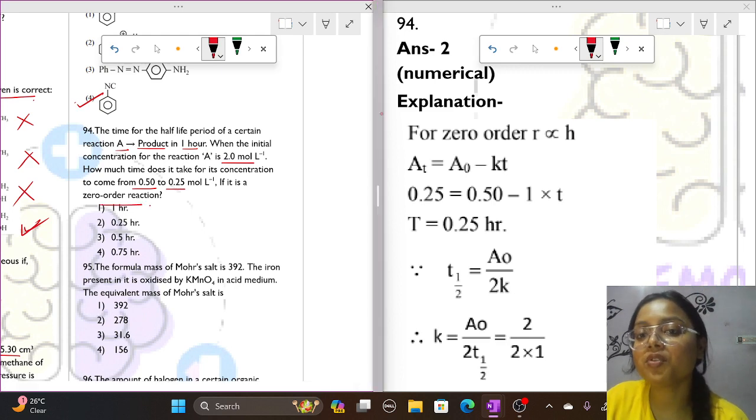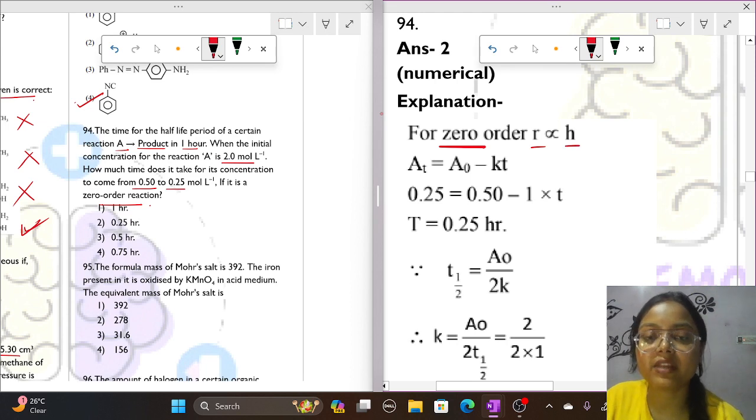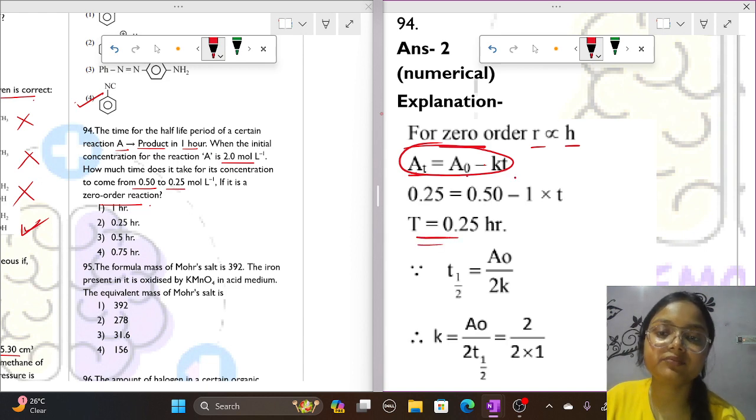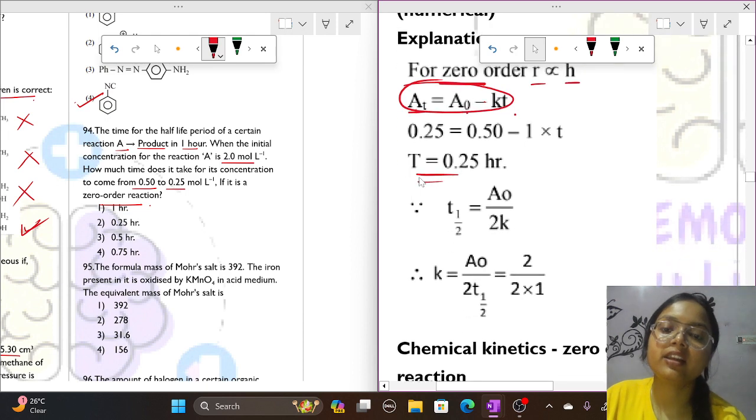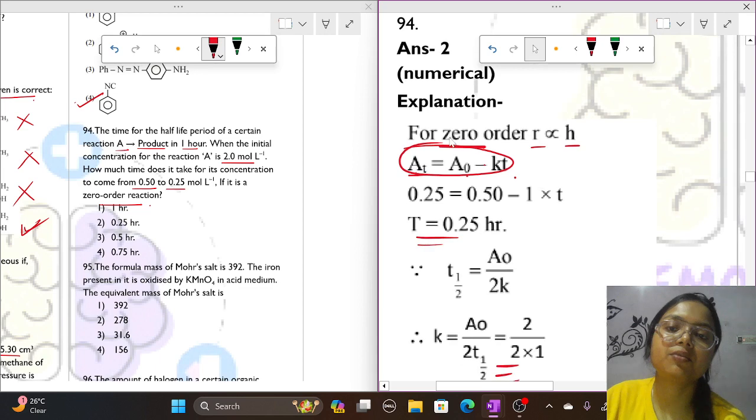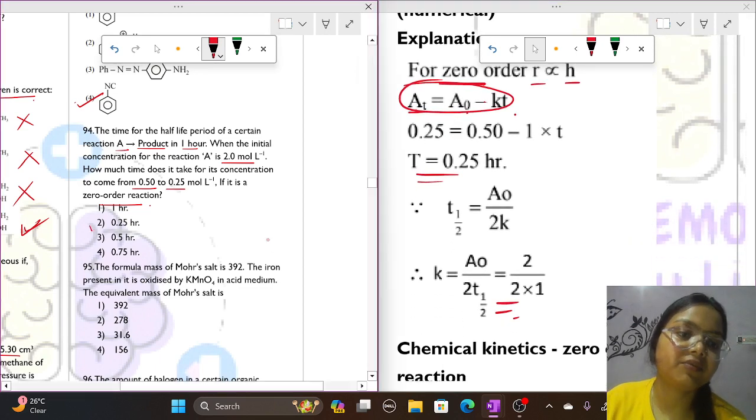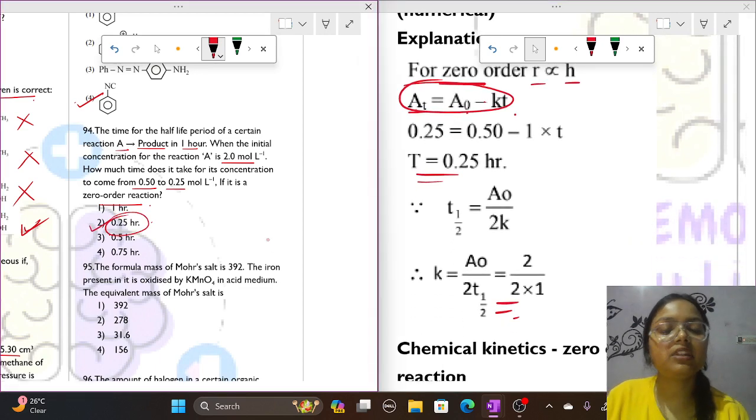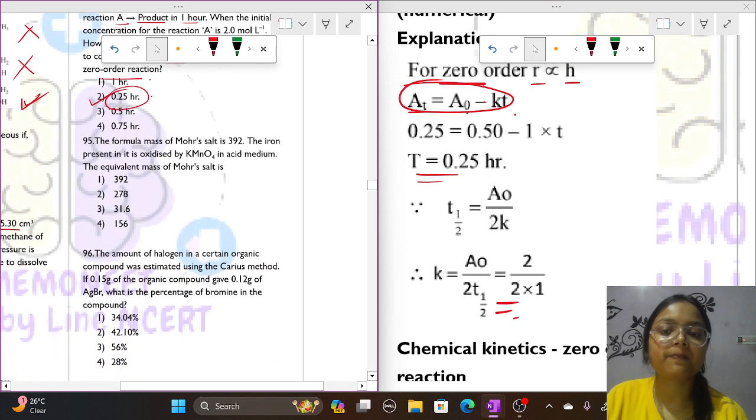For a zero order reaction, we know that rate is directly proportional to the half-life, and from the formula a_t equals a_0 minus kt, we can find the value of K. Here the value of K comes out to be 0.25. So we only have to put the values in the formula for a zero order reaction.